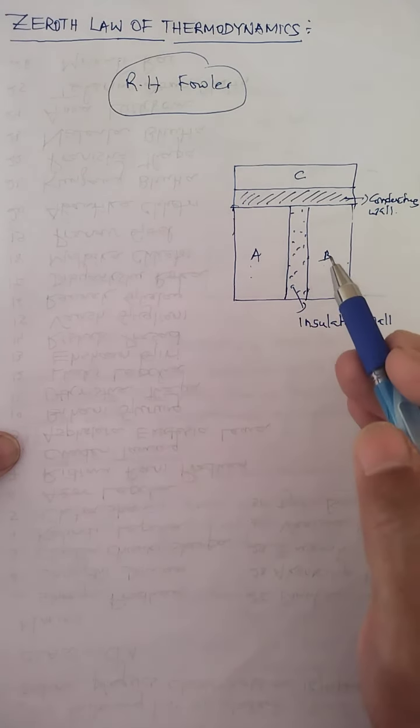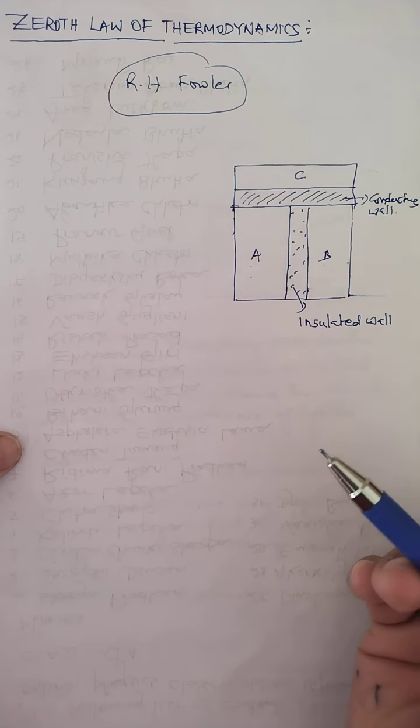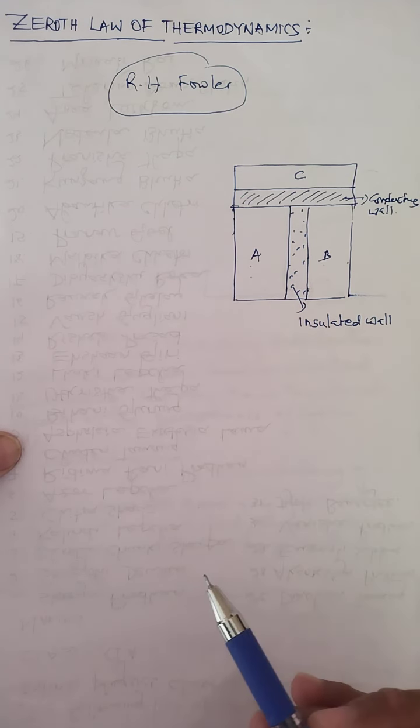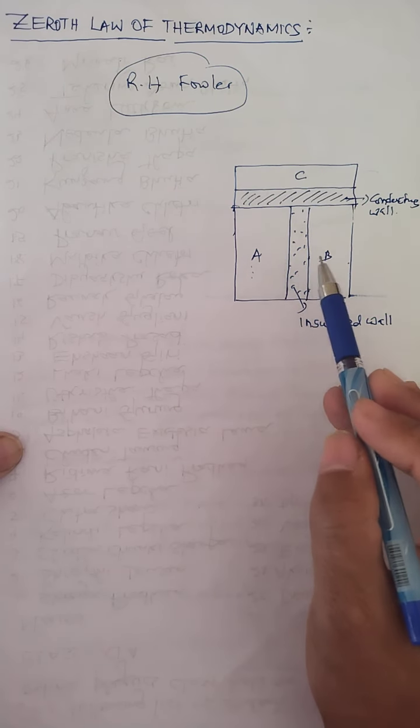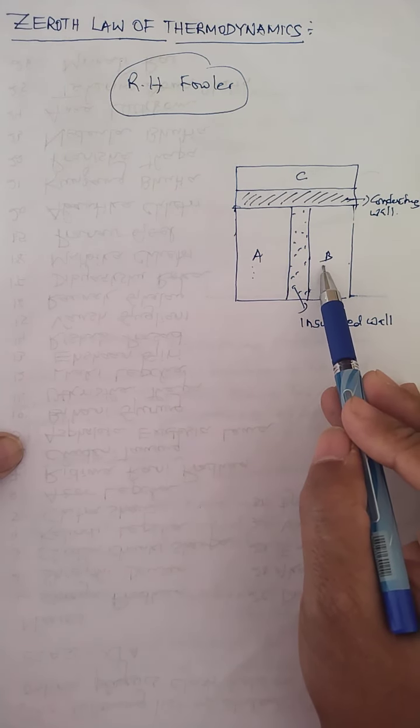When we do so, the state of the system will change until both systems A and B come to thermal equilibrium with C. Coming to thermal equilibrium with C means both systems acquire the same temperature as system C.